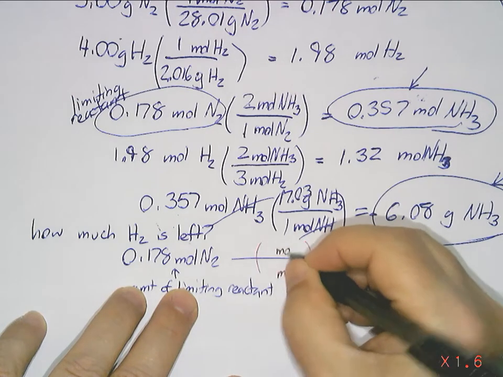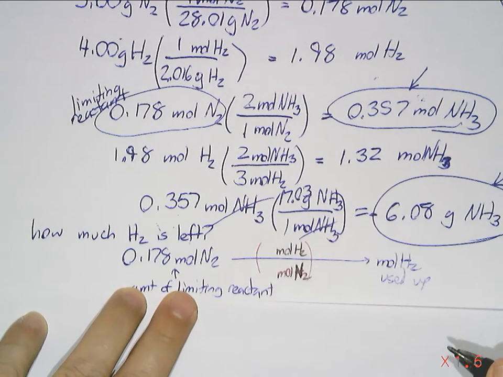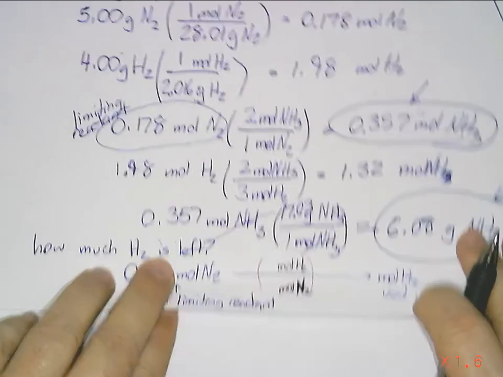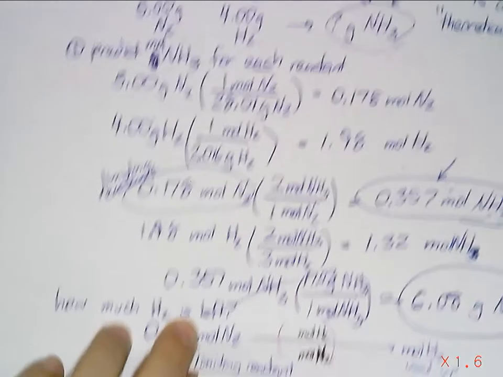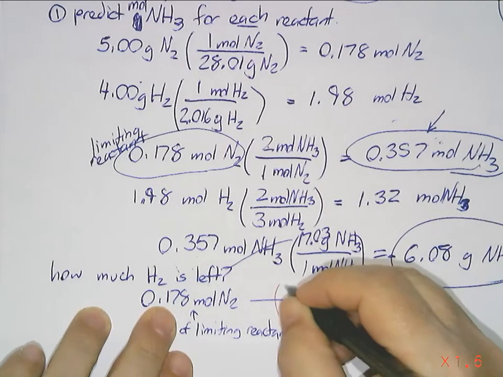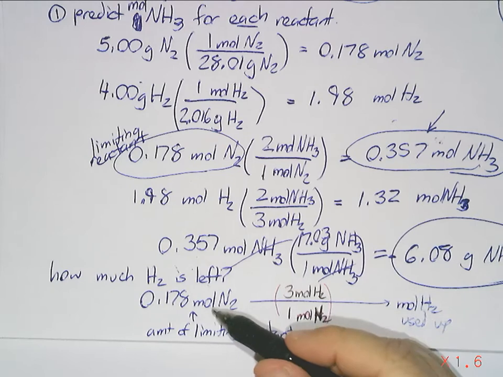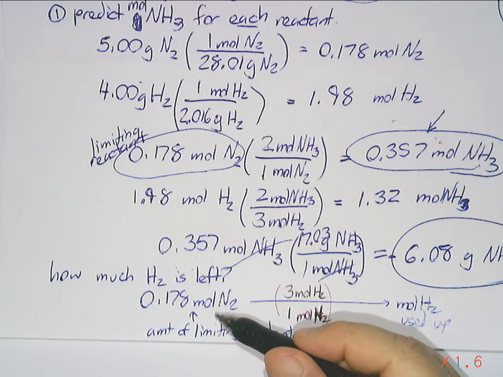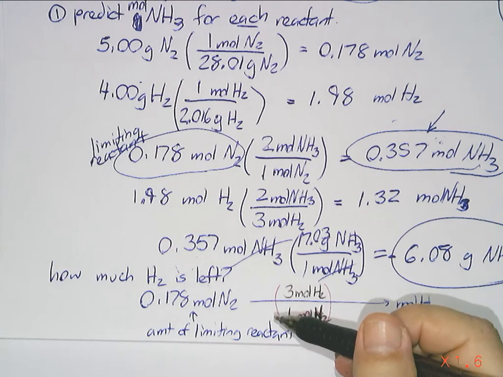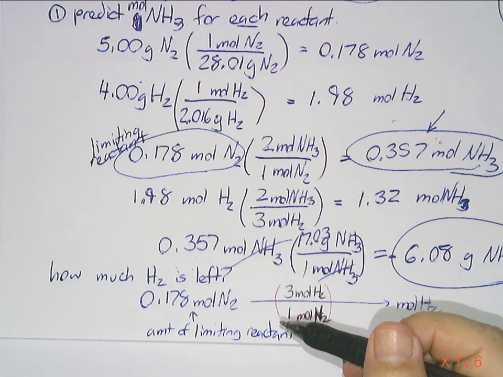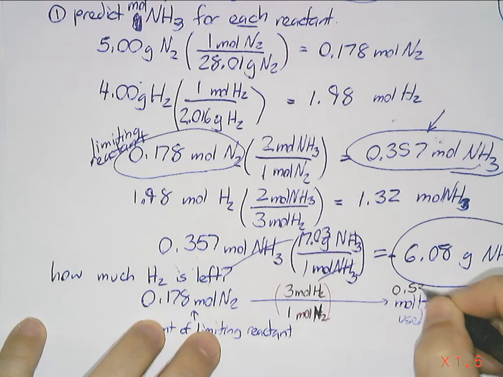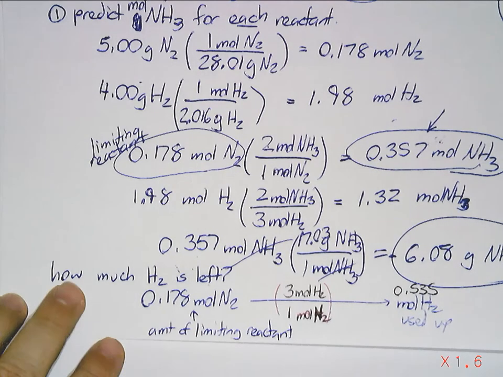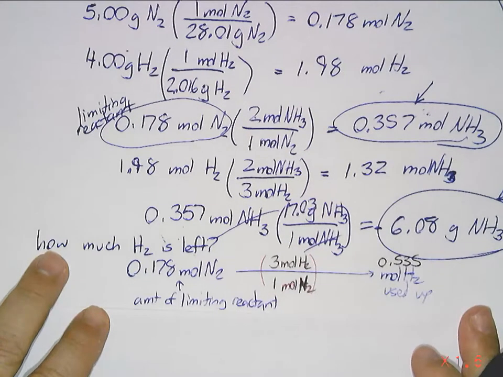And I'm going to put moles of H2 up here on top. So if I look back up at my equation, I have 1 mole of N2 for every 3 moles of H2. So it'll be 0.178 times 3. So that's going to be 0.535. So there's 0.535 moles of H2 used up.